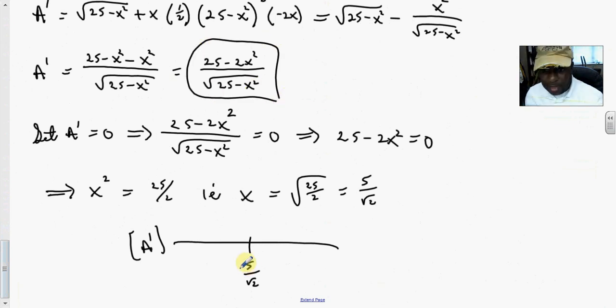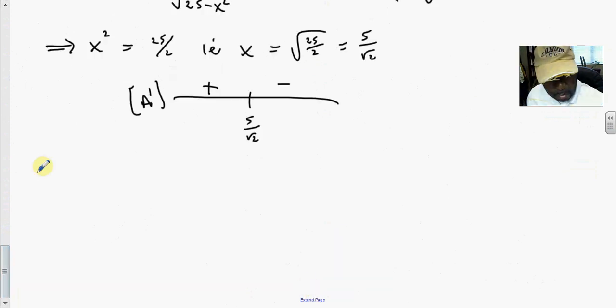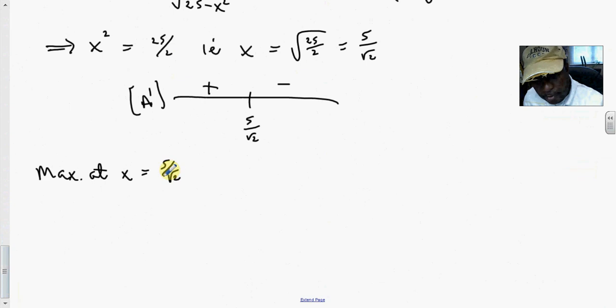Take a number less than 5 over the square root of 2. Plug it in here, and you will get a positive value. Take a number bigger than 5 over the square root of 2 and plug it in for x, and you will get a negative value. And so that means that we have a maximum at x equal to 5 over the square root of 2.